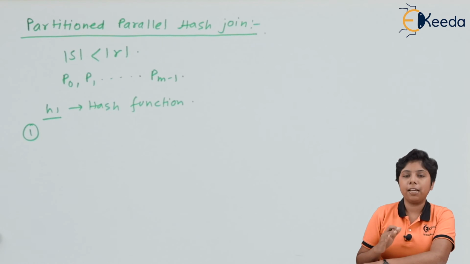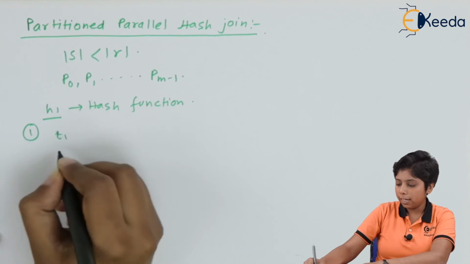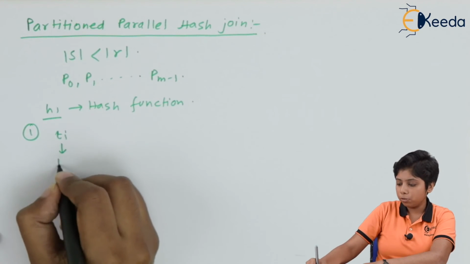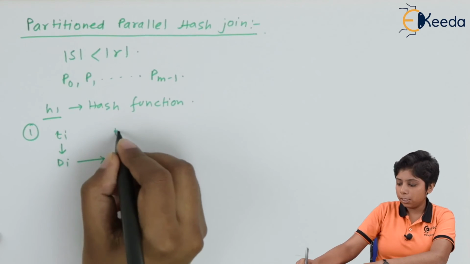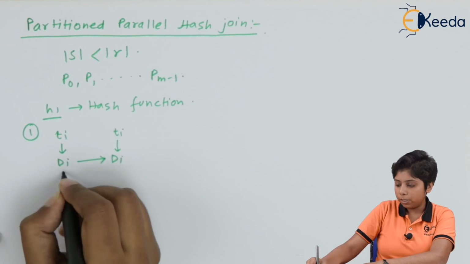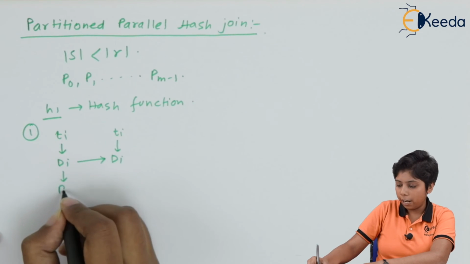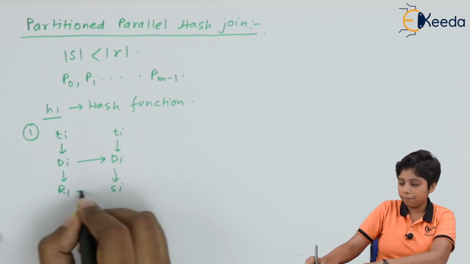What happens is that every tuple Ti that belongs to Di must be mapped to the processor Pi and mapped to the tuple Ti that belongs to Si. Suppose the Ti which belongs to Di is now being mapped; this Ti belongs to Ri and this one to Si.